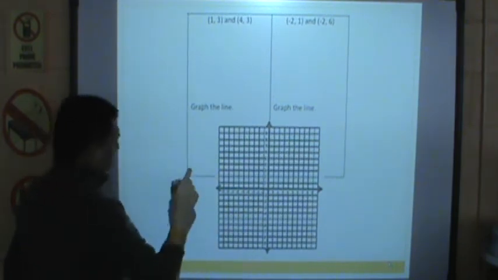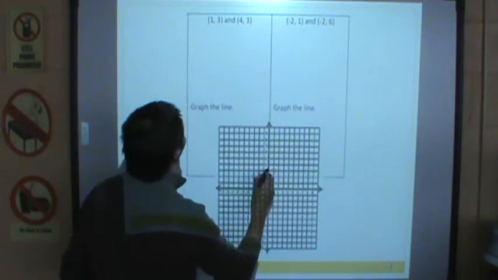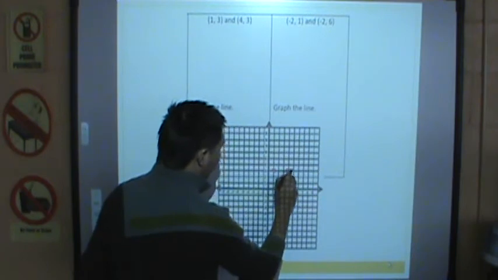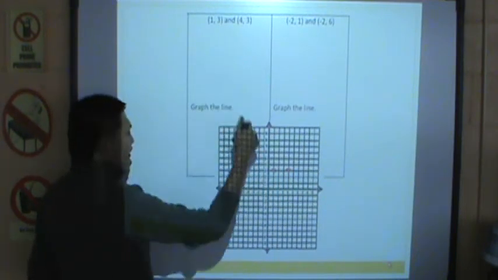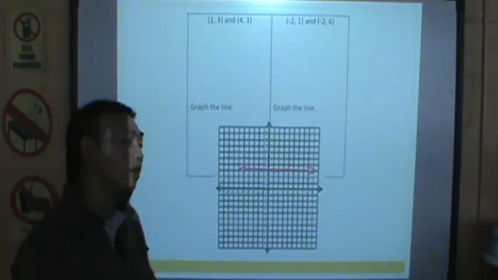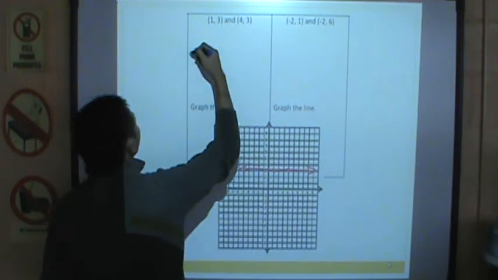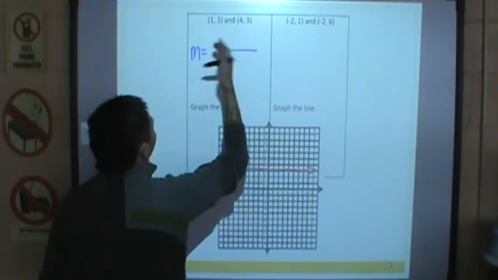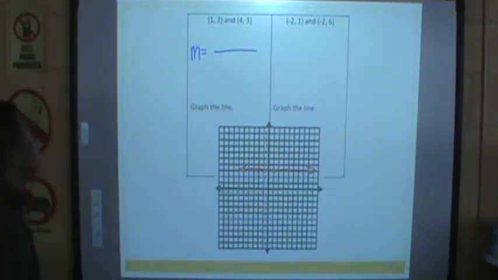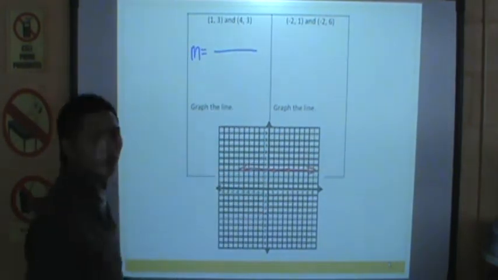Okay, for the first point we got 1, 3. And then 4, 3. For 1, 3, and 4, 3, it looks like a horizontal line. So what would be the slope of a horizontal line? Again, I'm not going to label this with x1, y1, x2, y2 because I already know that the first point is x1, y1, second point is x2, y2.